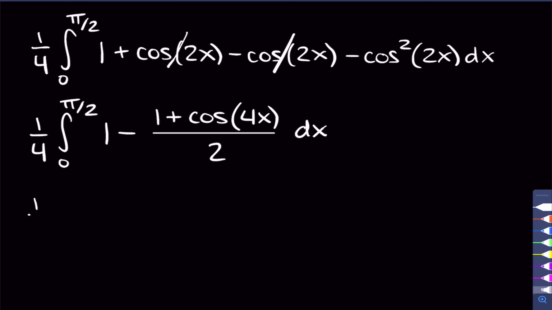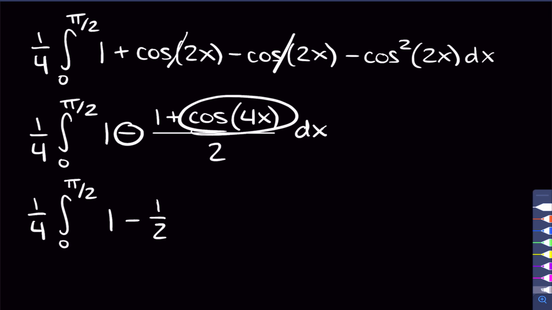Let's simplify this a little bit. All right, this is 1/4 the integral of 0 to pi over 2 of, this will be a 1. Splitting this fraction up here, I have a negative 1/2. And then I have a negative cosine of 4x over 2.